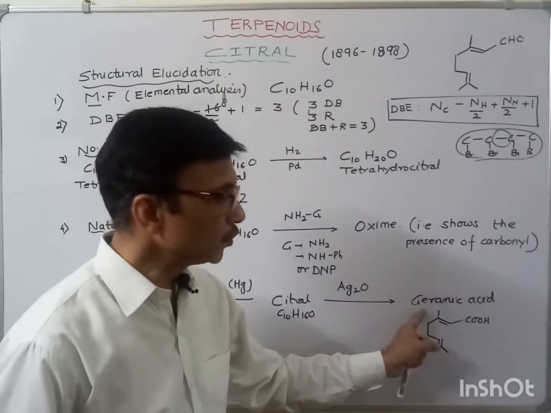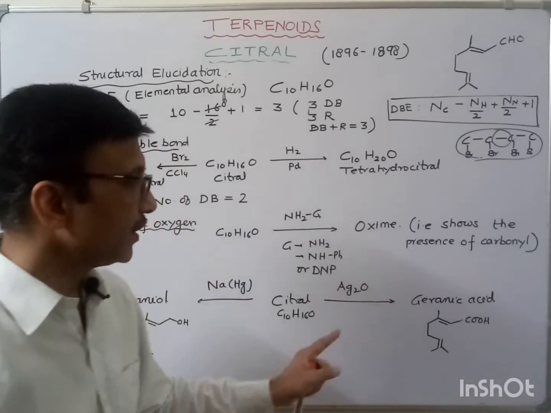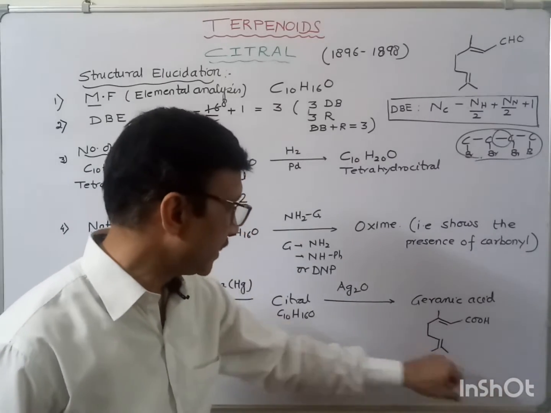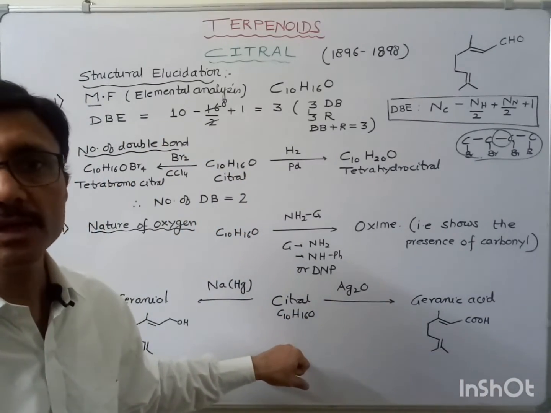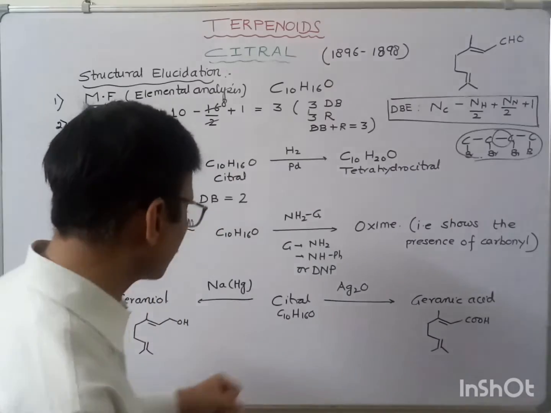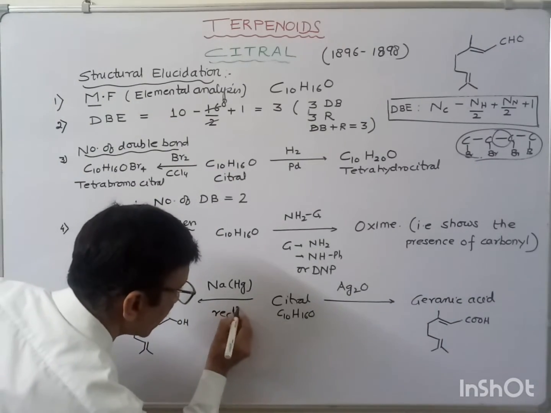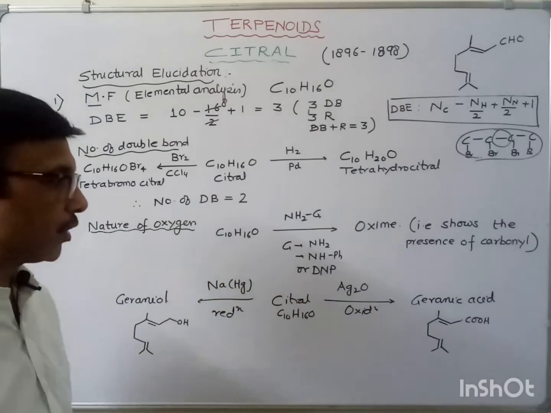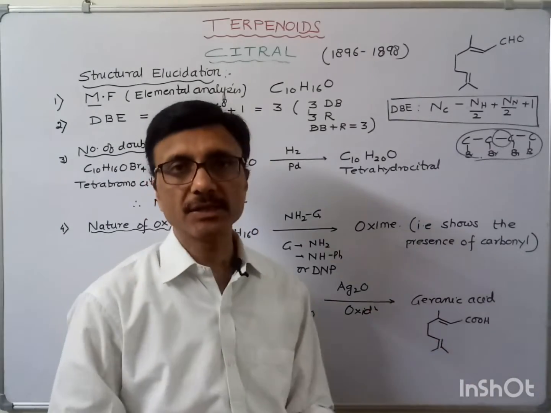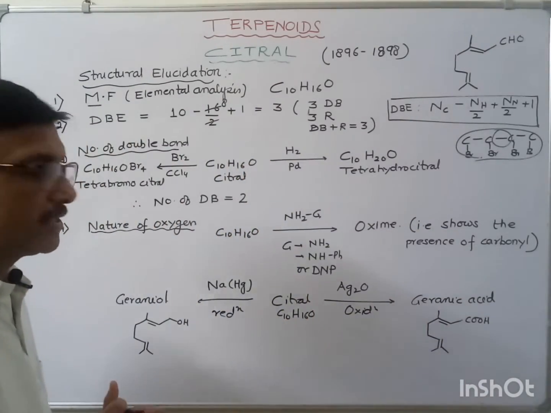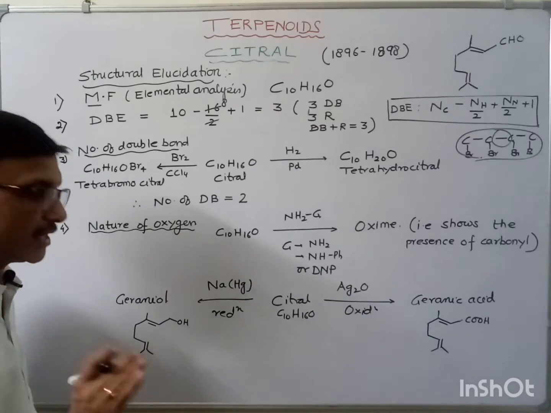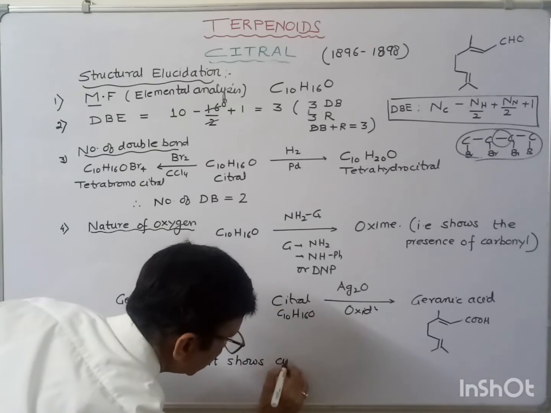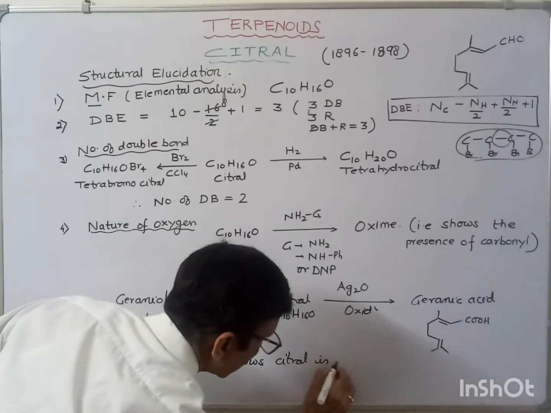If we are getting this acid after oxidation, it means citral should be an aldehyde. So this is the reduction and this is the oxidation. After reduction we are getting the alcohol, and after oxidation we are getting the acid. So it shows citral is an aldehyde.